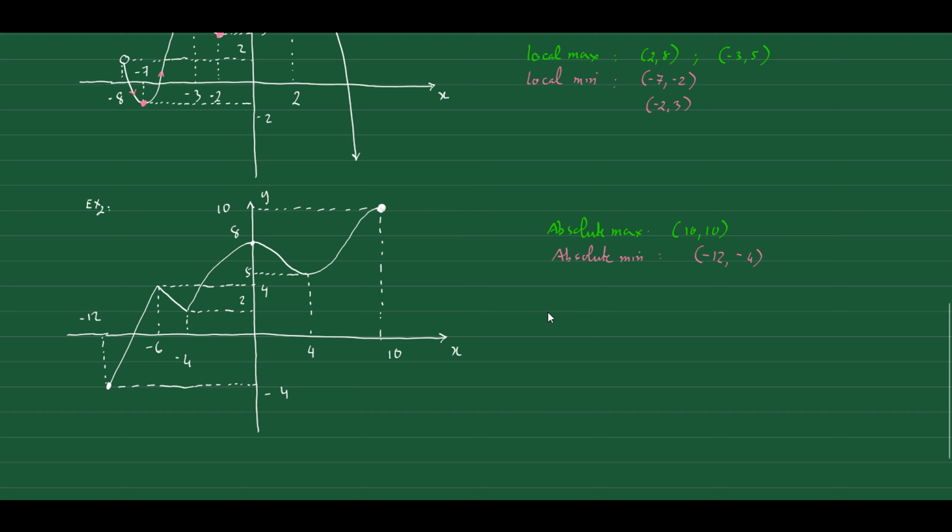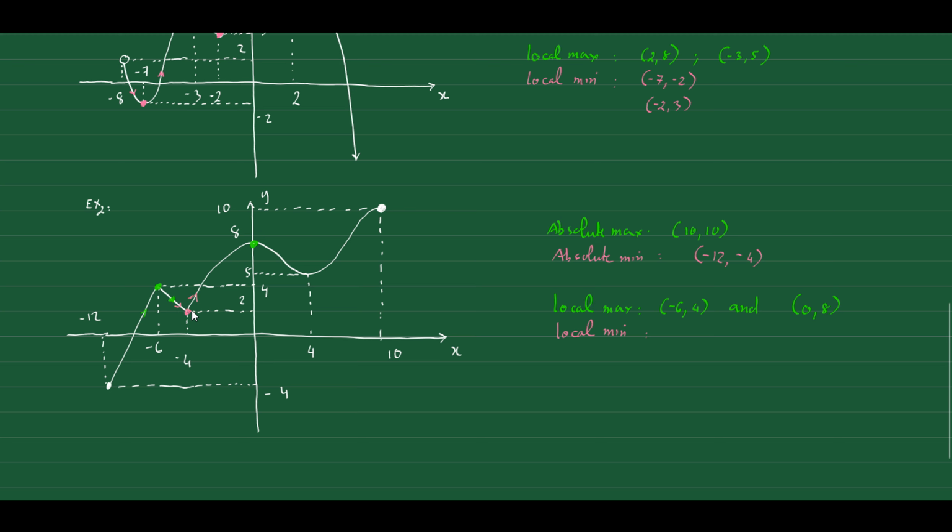Alright, then local max. How many? We have 1 here. Okay, 2. So we have 2 because it's increasing and decreasing. So we have 2 local max, which are -6, 4 and 0, 8. And how about local min? Local min, we're going down, going up, right? And going down and going up.